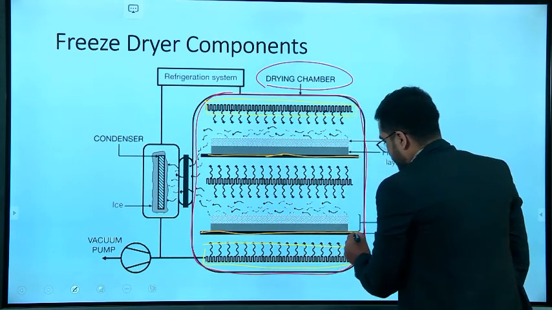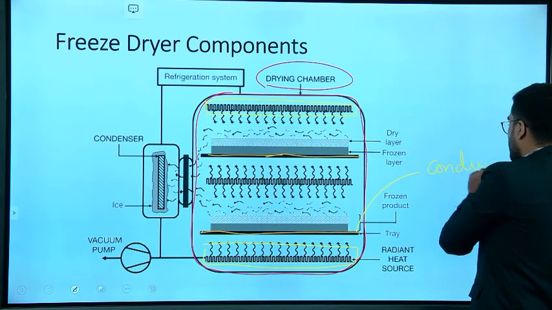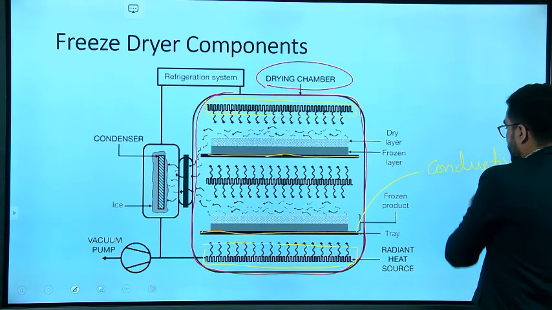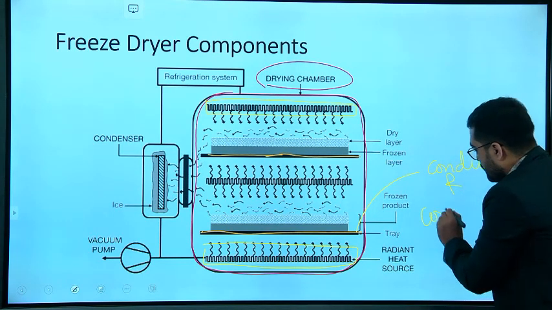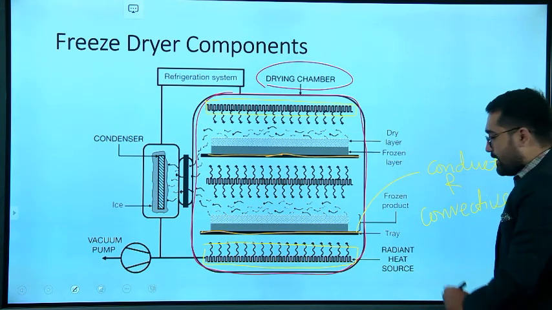These trays cause conductive and convective heat transfer. Okay.